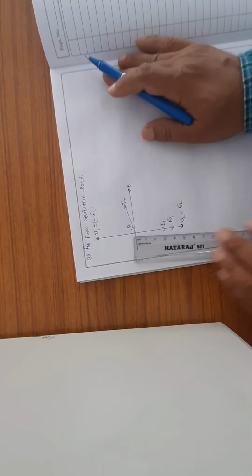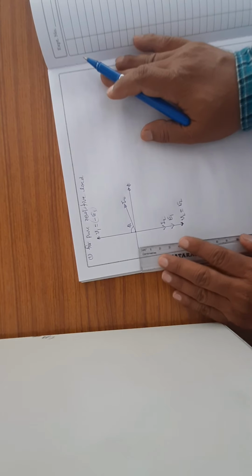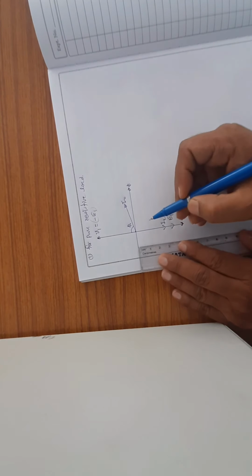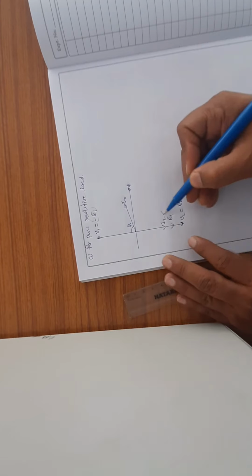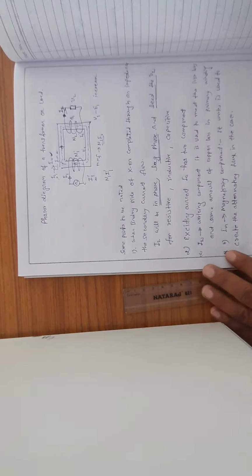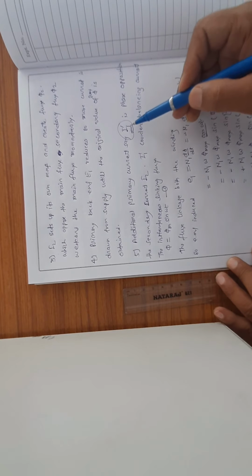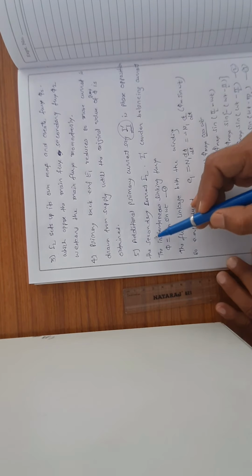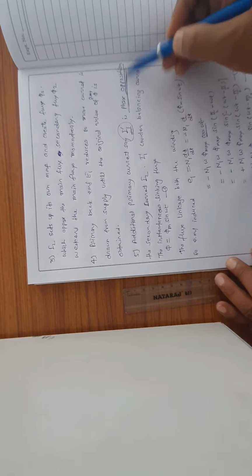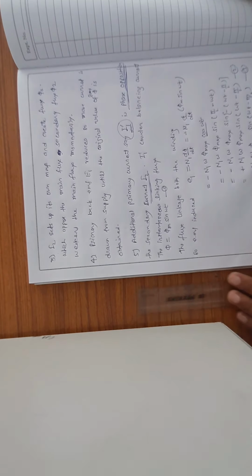The counterbalancing current I1 dash is in phase opposition to current I2.